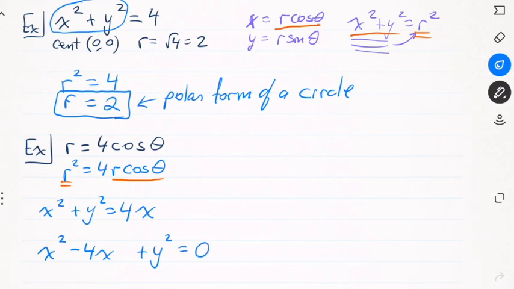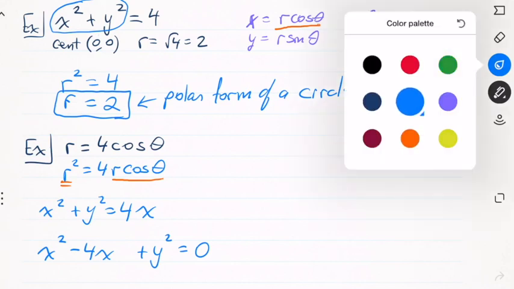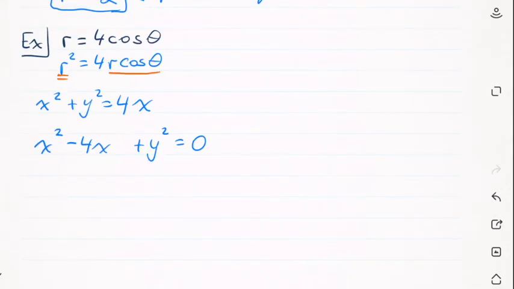So if you remember from circles back in Math 171, there's this thing called completing the square. If we complete the square on the x's, we're going to take half of negative 4, which is negative 2, and the negative becomes important later on. We're going to square it, and if we square negative 2, we're going to add 4. Now, if you add 4 to the left-hand side of an equation, you have to add 4 to the right-hand side of the equation.